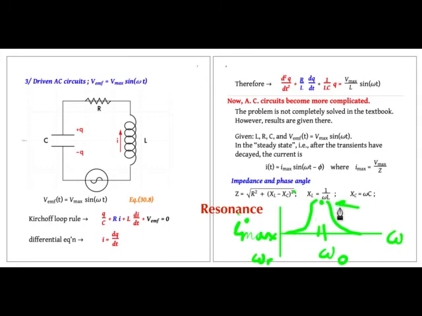The largest effect, the largest current driven in the circuit, occurs when the driving frequency is equal to the natural frequency. The same thing happens with a driven mechanical oscillator.